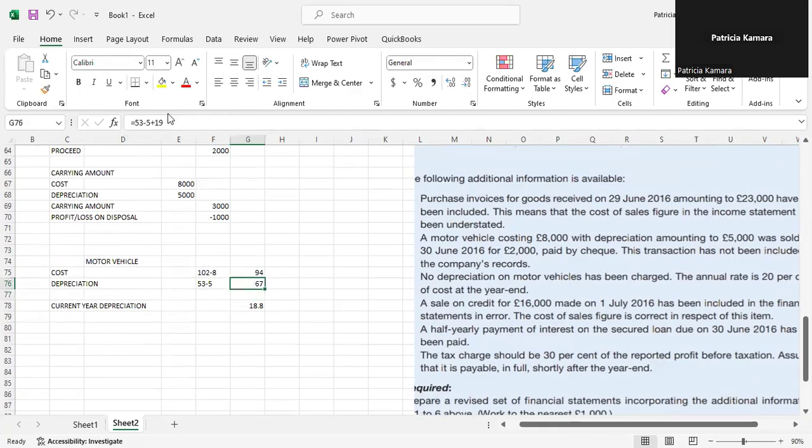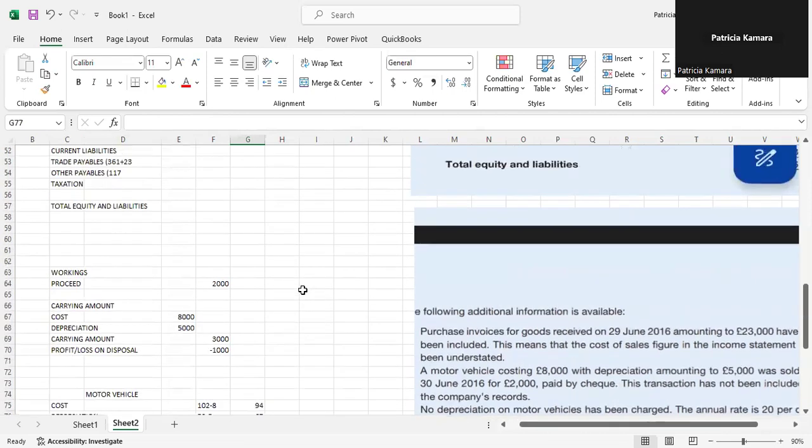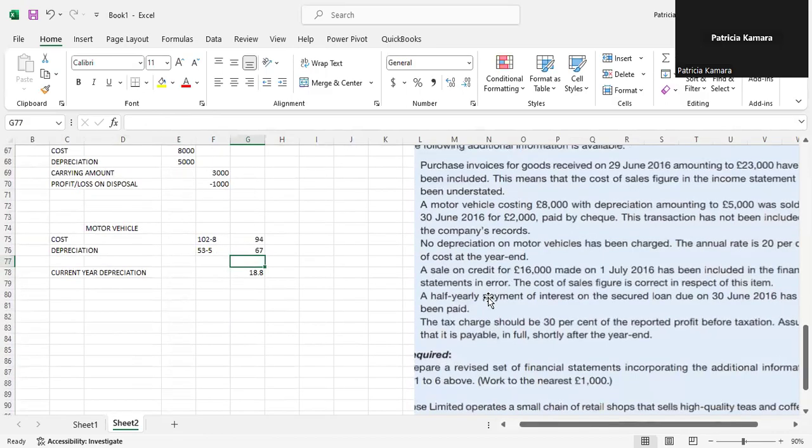So we deducted the 5,000 that was on the disposed asset, and then we add the current year depreciation of 19. That will give us 67. Okay. So now let's proceed.